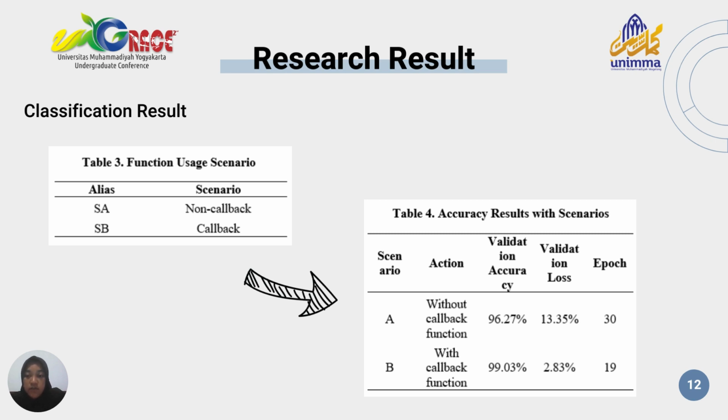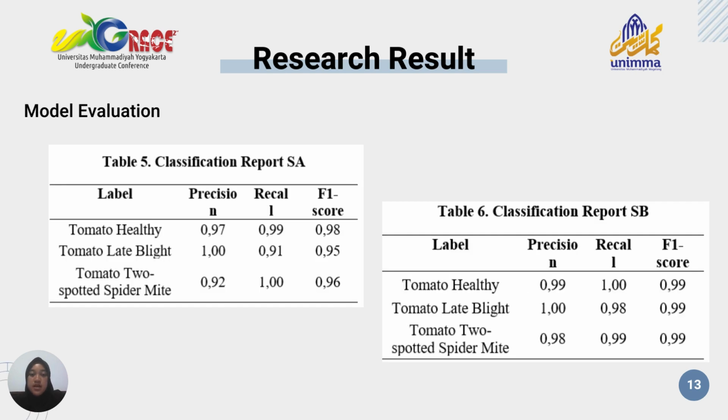This is because the callback function in SB sets the stop training attribute of the model object to true. Thus, the training process will stop when the desired accuracy has been achieved. Thus, the callback function affects the accuracy value of the resulting model.